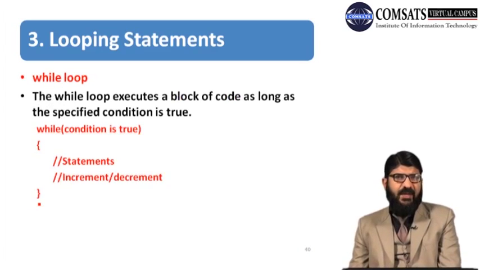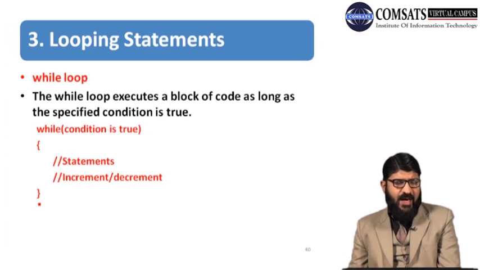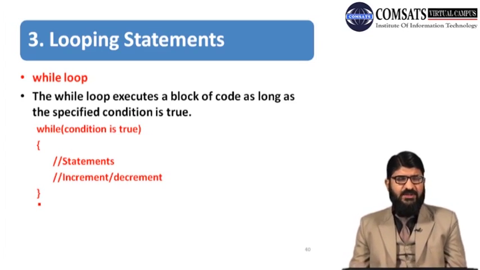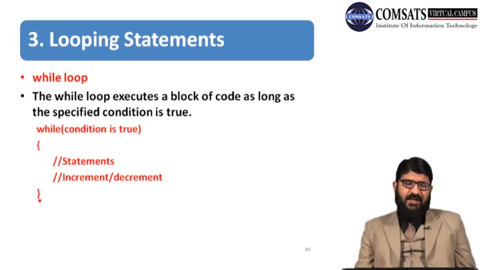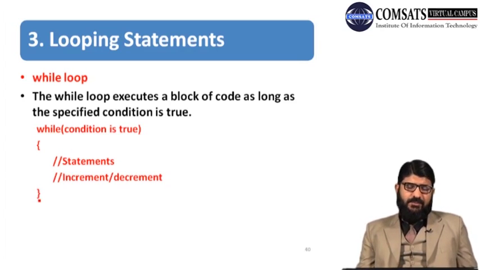The second loop statement is the while loop. The while loop executes a block of code as long as the condition is true. Until the condition is true, the lines of code will be executed continuously.